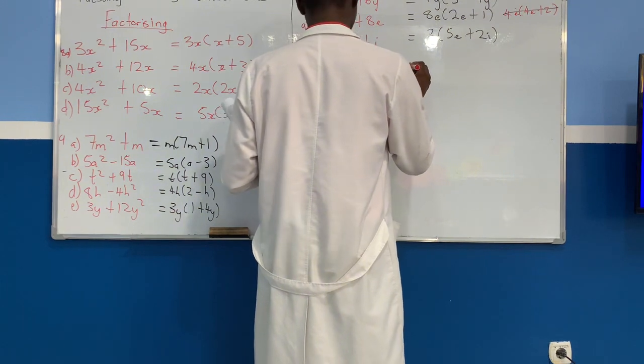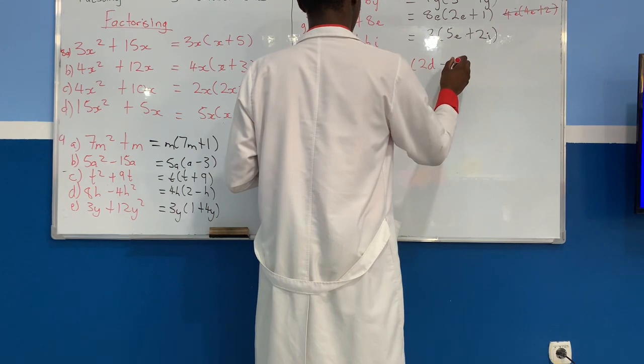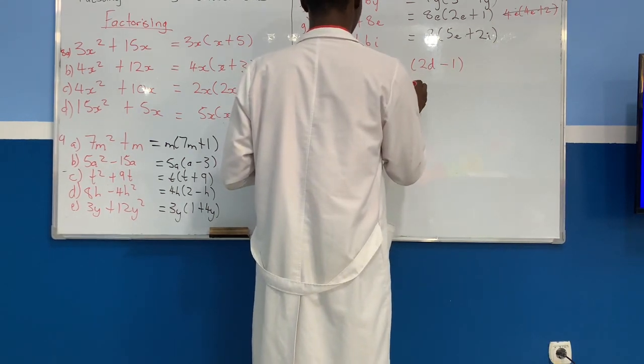So we write 7c bracket 2d minus 1. In the second, we see the common factor was 4a. So we write 4a bracket 3 plus 2b.